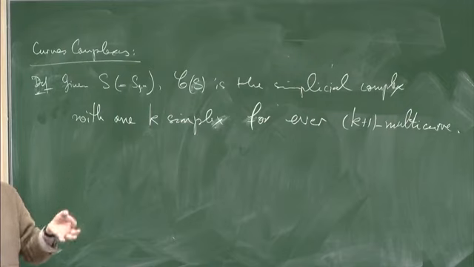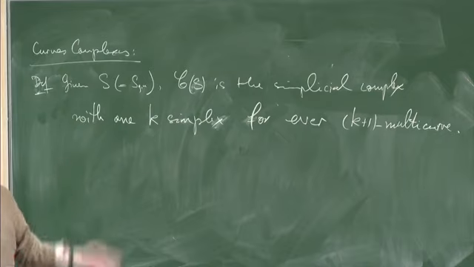A vertex is one loop. An edge is two loops, etc., etc.